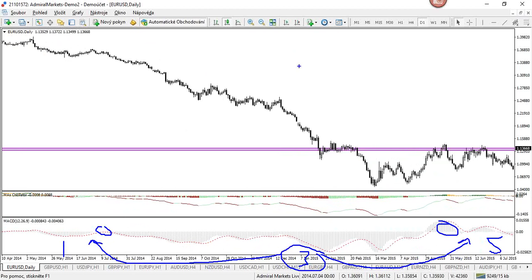All right, this is a typical scenario where you have price moving like this in a 5 wave, and the oscillator should show this, accompanying with price here. All right.